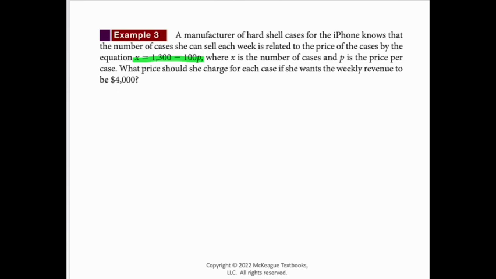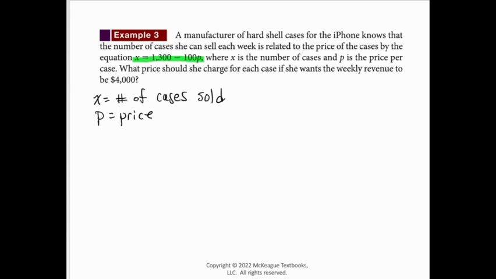So this is one of the formulas that we're probably going to need. It says P represents the price and X represents, let's write this down, the number of cases sold. P is the price.